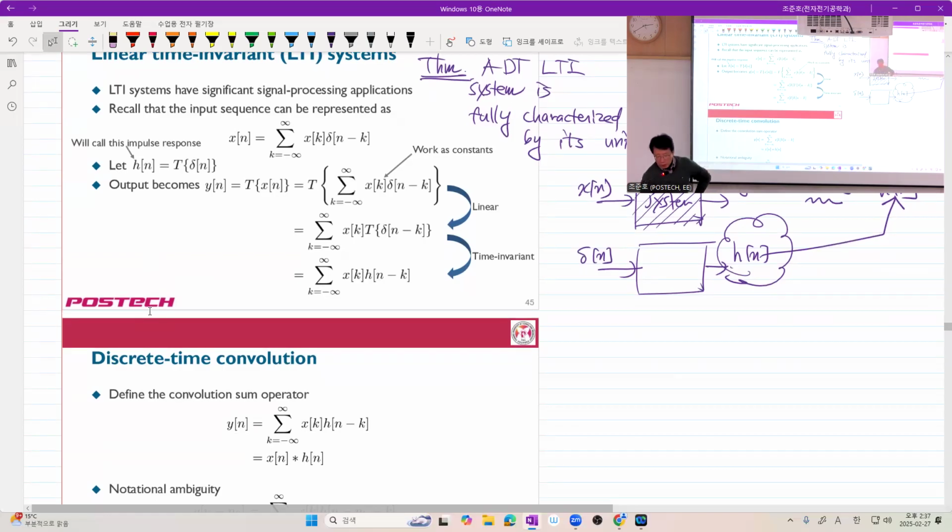And when I was a graduate student, I read the signals and systems book again and found what? This is the key. So you rewrite the input signal using what? Weighted, delayed delta functions.